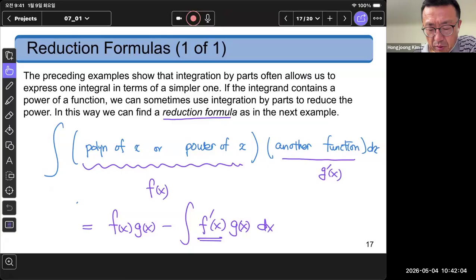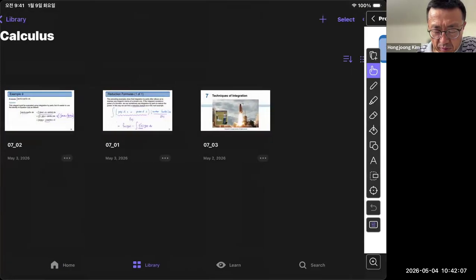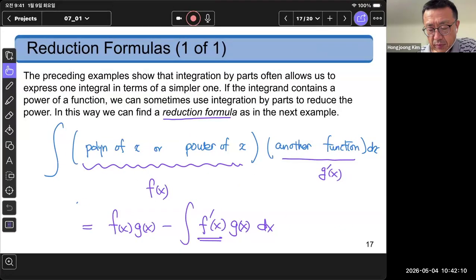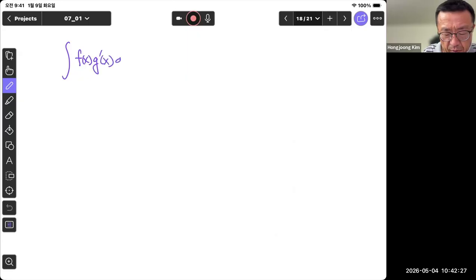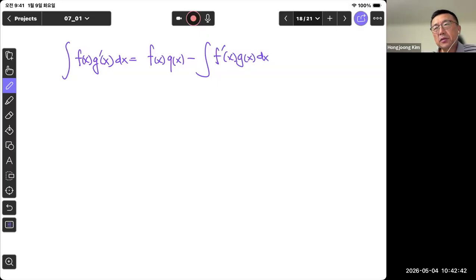So what did we consider in section 1? We considered integration by parts. So what is the integration by parts? If I have the integral of f(x) g prime(x) dx, that will be f(x) g(x) minus the integral of f prime(x) g(x) dx. That's the integration by parts for the indefinite integral.